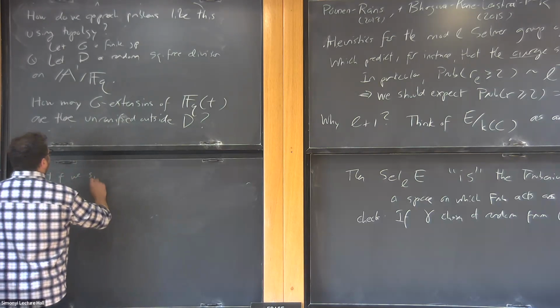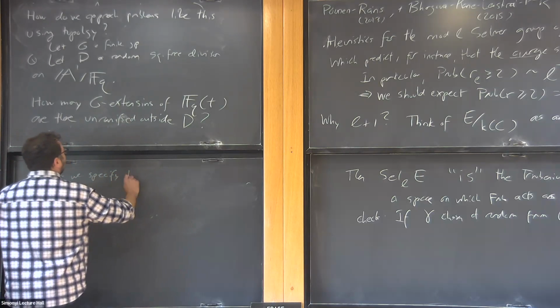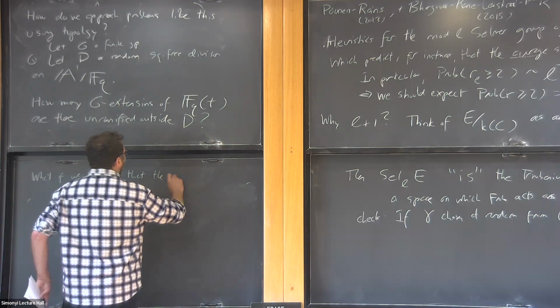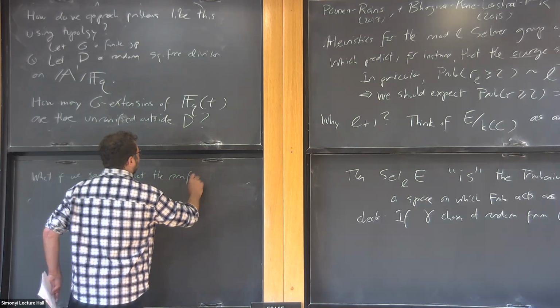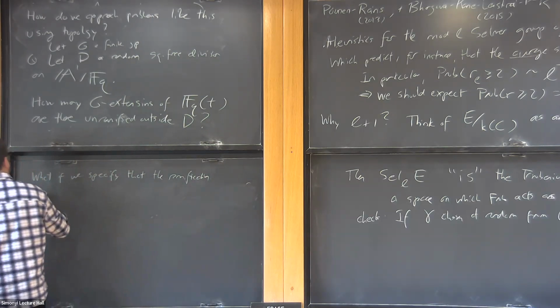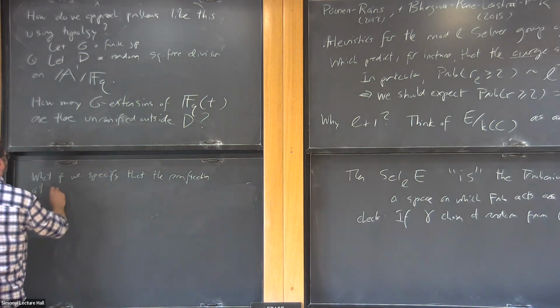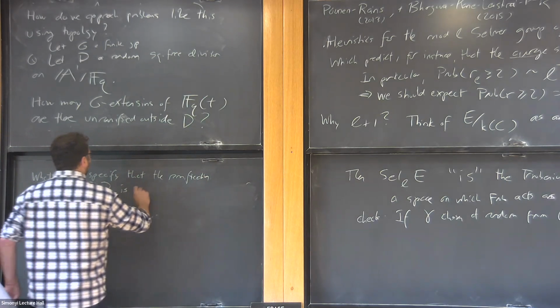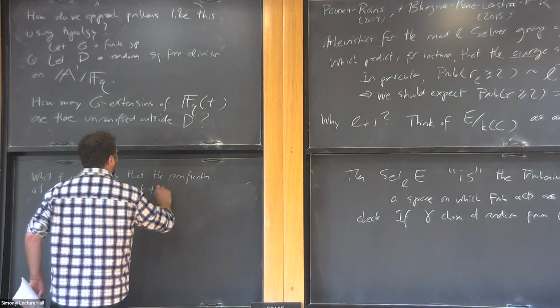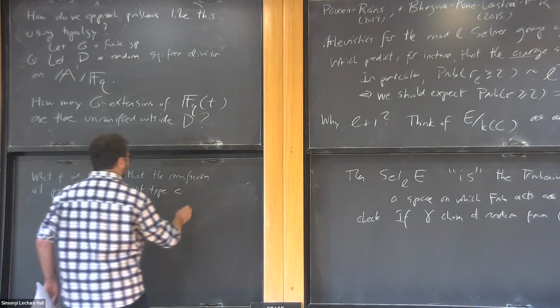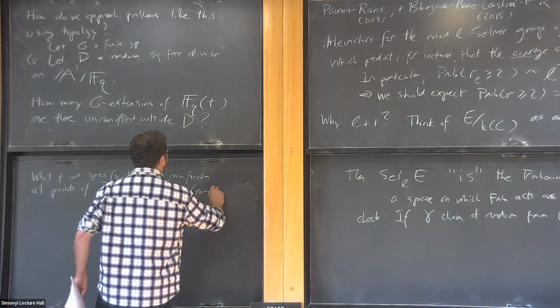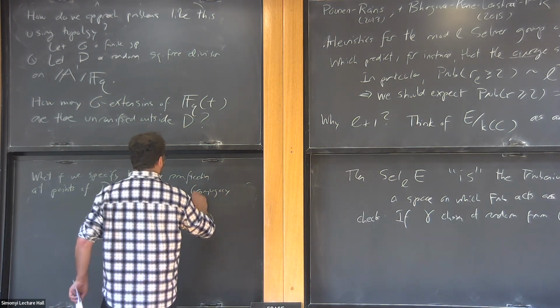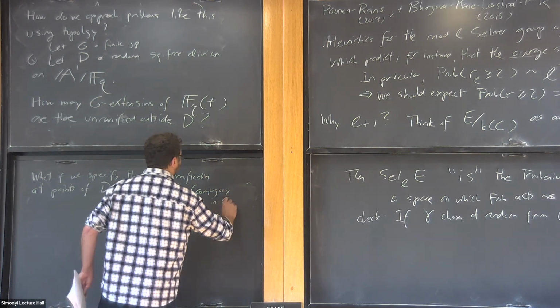What if we specify that the ramification at points of D is of type, and now I'll use notation little c, where I'm referring to some conjugacy class in G?